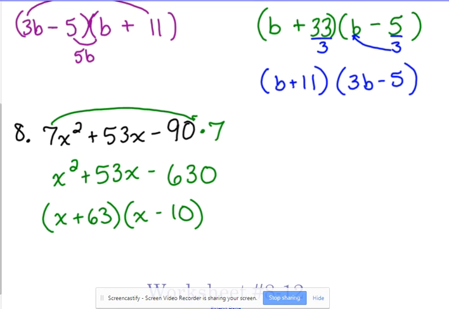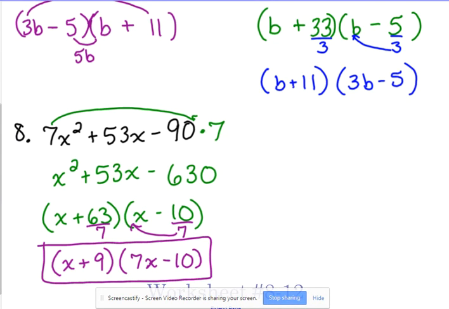So I've slipped, I've factored, and now I've got to divide. I need to divide 63 by 7 and 10 by 7. 63 is evenly divisible by 7. We get 9. 10 is not evenly divisible by 7, and it doesn't reduce, so we slide the 7. That gives 7x minus 10.